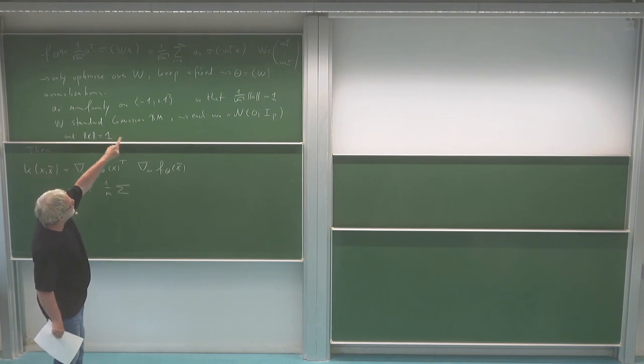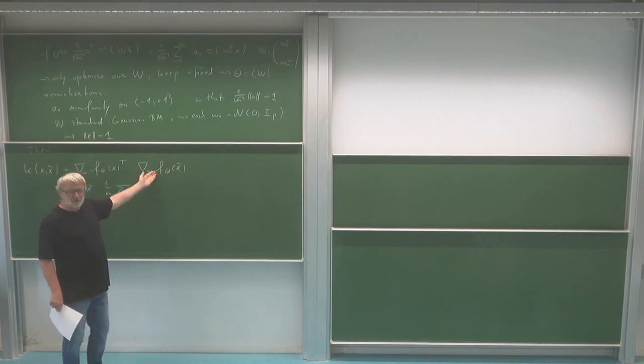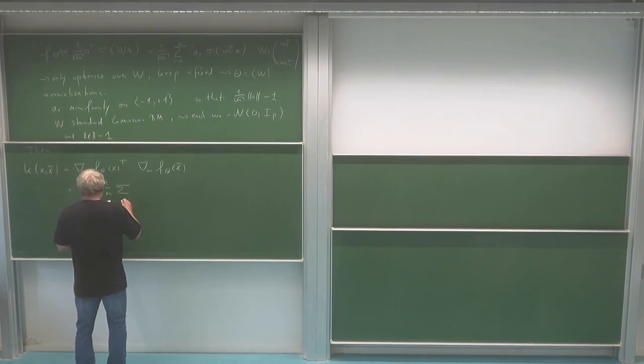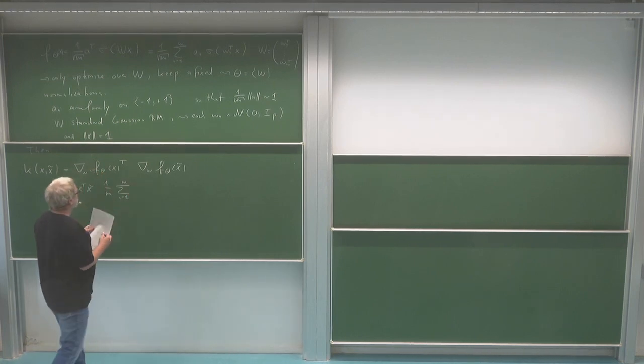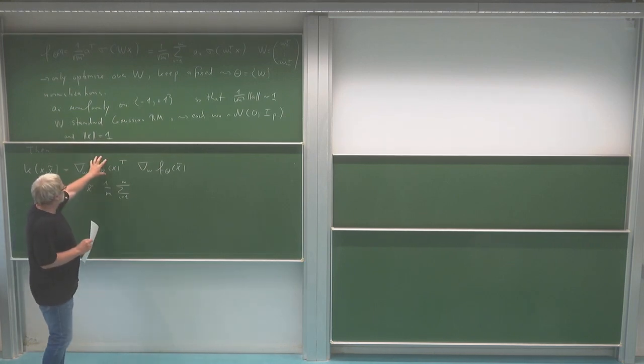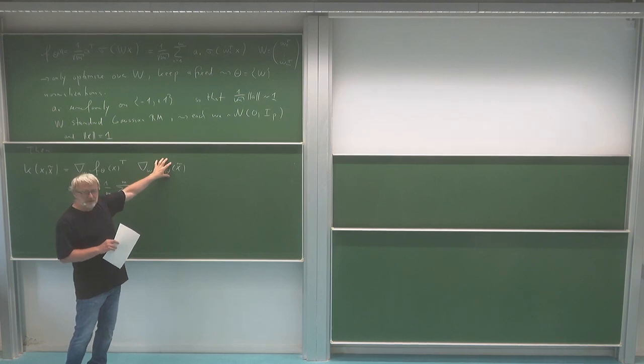But of course, this is only one term in the summand, the one corresponding to i, and I have to take here the same term. So I'm summing here over the i's from 1 up to m, and then I take the derivative with respect to wi of this guy times the derivative with respect to wi of this term.